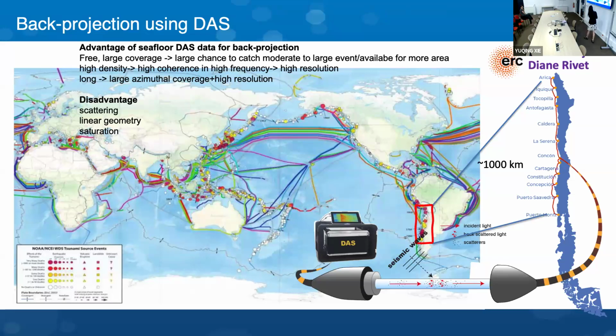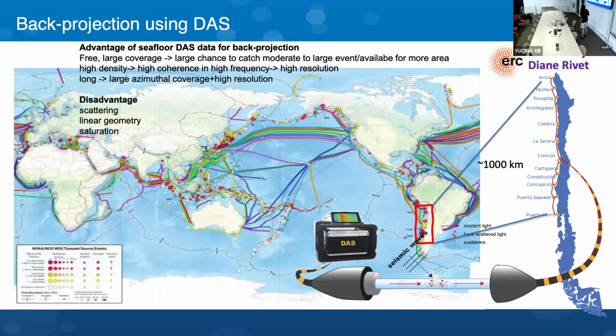That will guarantee a higher resolution, because if you have a smaller station gap, then you have very high coherence at high frequency, so you have very high resolution. And you also have a very long cable, so the aperture of the array will also be very large. So this data set looks perfect.